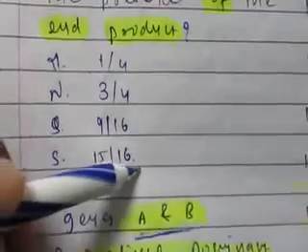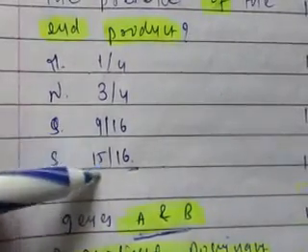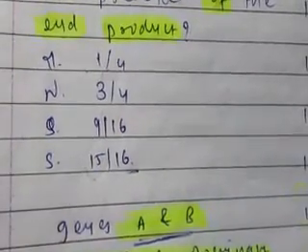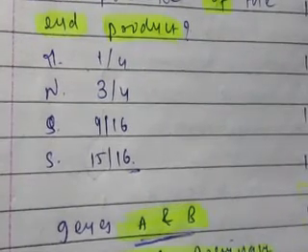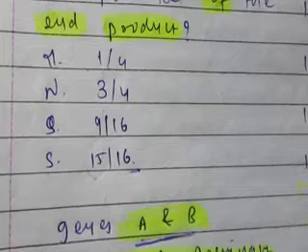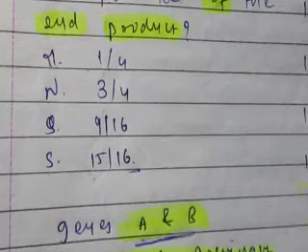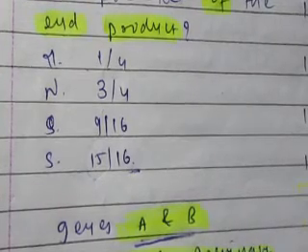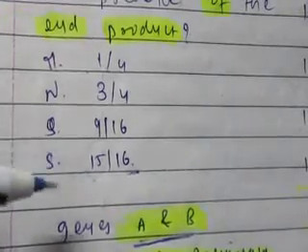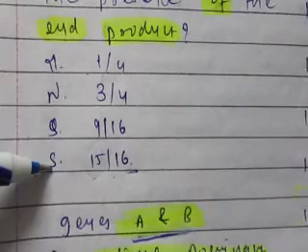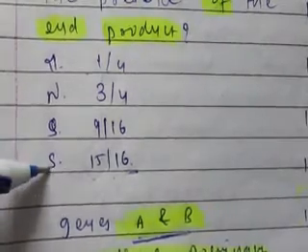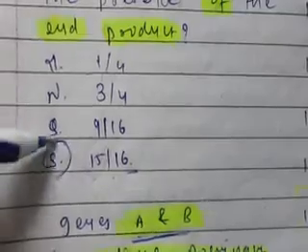Among 16, a total of 15 genotypes give the end product, and we found only one genotype, small a, small b, by which we did not get any product. So among 16, a total of 15 genotypes give the functional product. So S is the correct answer.